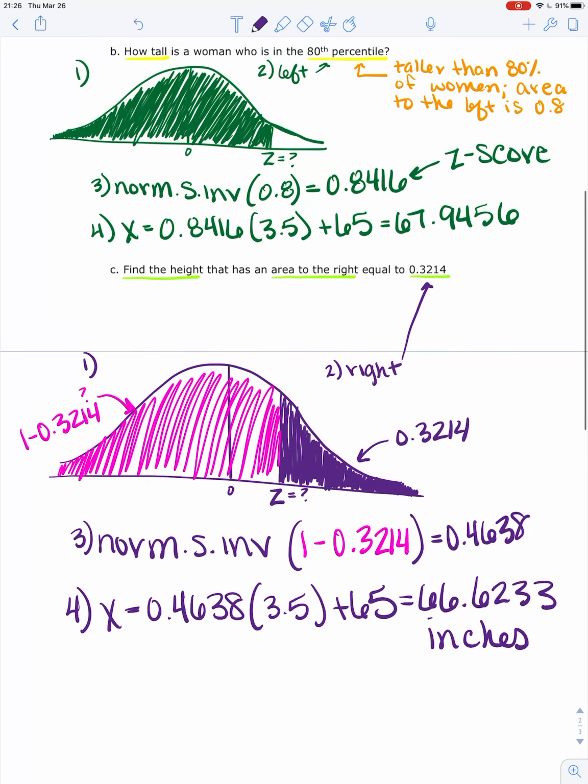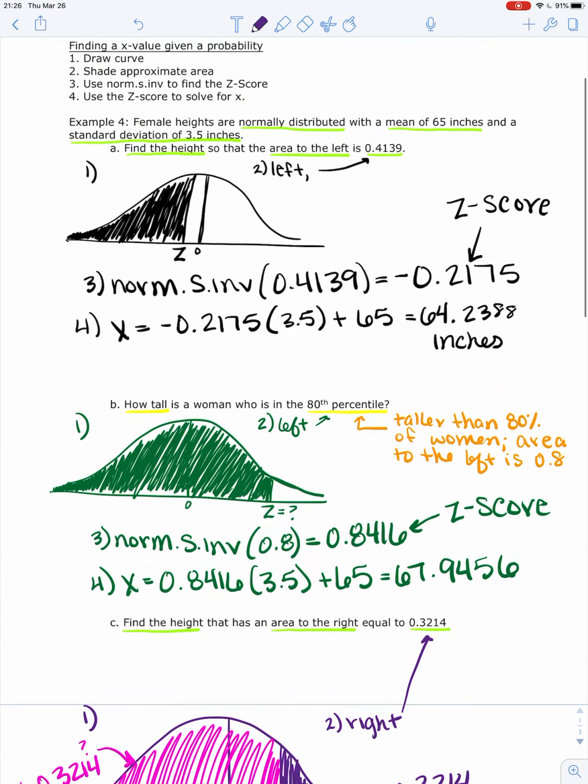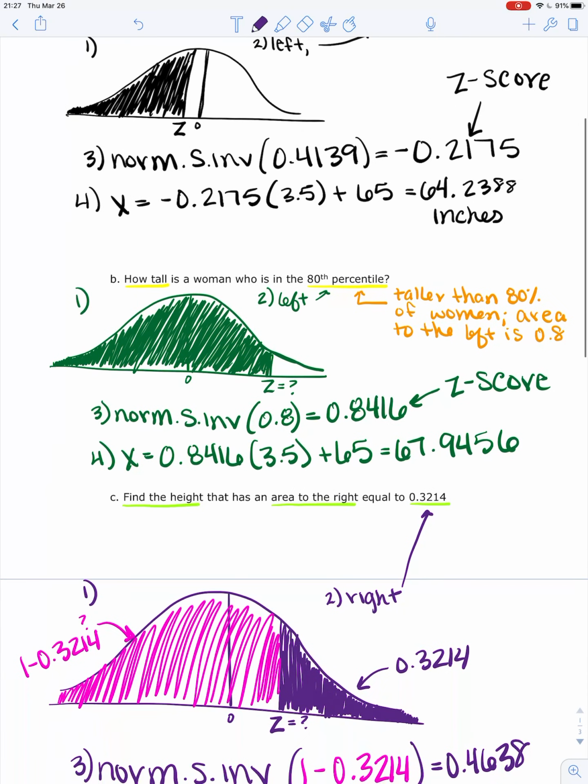And those are some examples of how to find an x value, a data value, a height, if we've been given a probability. Now there's one more example, but I'm making that a separate video because it's a little bit more complicated than these. Okay? So if you have the area to the left, draw your curve, shade starting from the left, plug that area into the norm.s.inverse to get the z-score, and then solve for x.